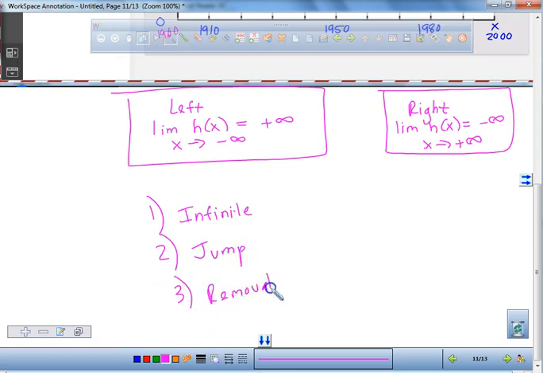You guys have all of those pictures in your notes of which ones they are. So when it asks you for a type of discontinuity, it's going to be one of these three. Or, if it's not discontinuous, it's considered to be continuous. So you have the rest of the period to work on this.